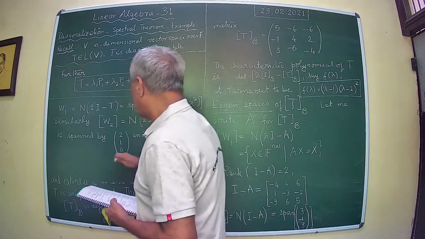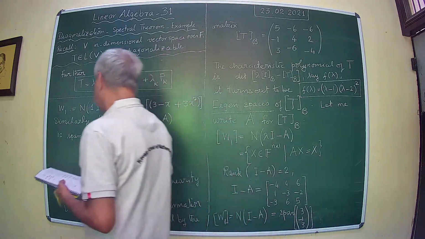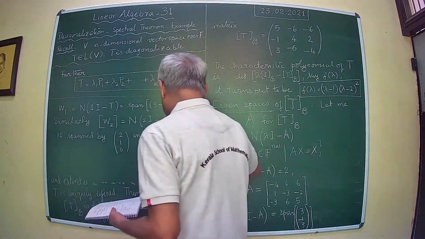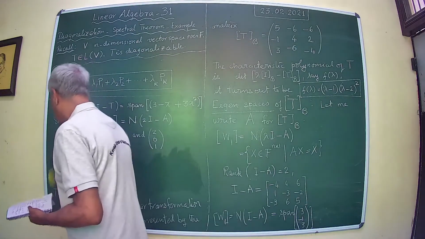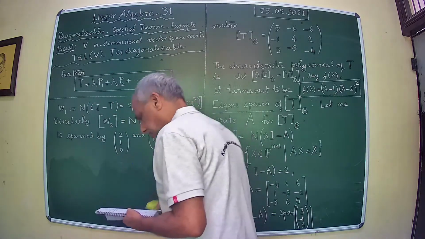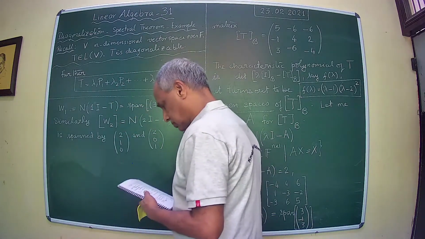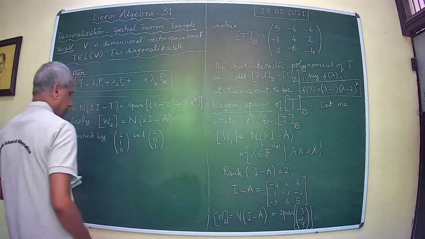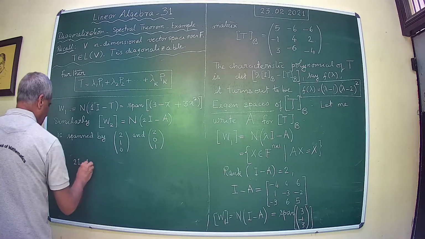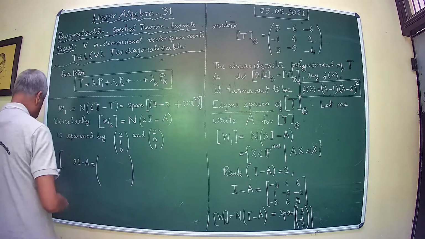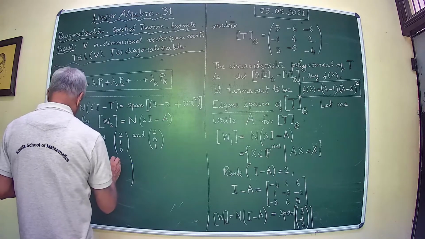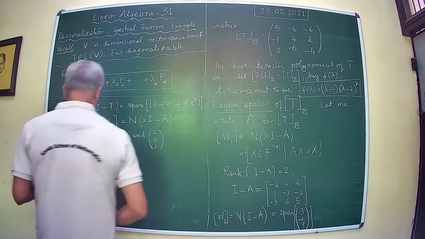These are the eigenvectors associated with the eigenvalue 2. Okay. What is the corresponding action that is taking place? Because if you want, you can compute and write 2I minus A, which is the matrix minus 3, 6, 6.